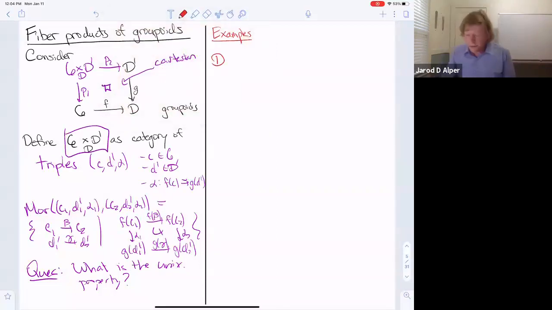Maybe the first example I like is taking BG, the classifying groupoid of an abstract group, and then you have these morphisms from a point, right? We're viewing this just as the category with one object and one morphism.